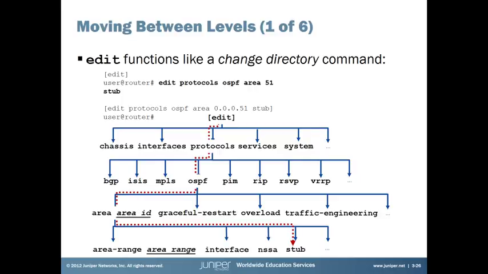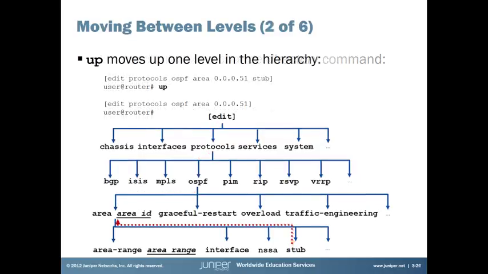So edit is a bit like the change directory command, it takes you down to a particular level. If I type in edit protocols ospf area 51 stub, I go boom, straight down to that level of the hierarchy, and can make changes at that level. This prompt here tells me exactly where I am in the hierarchy.